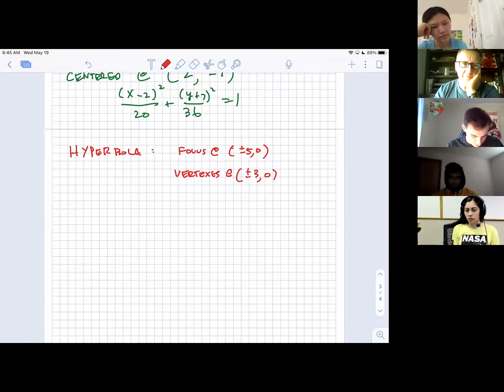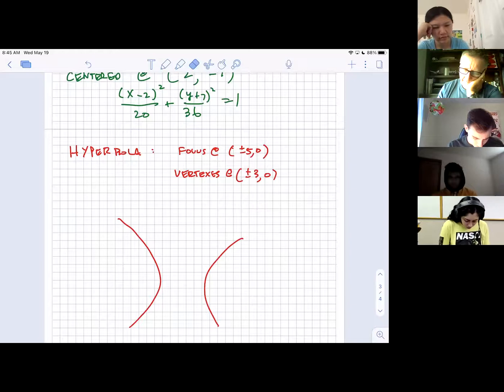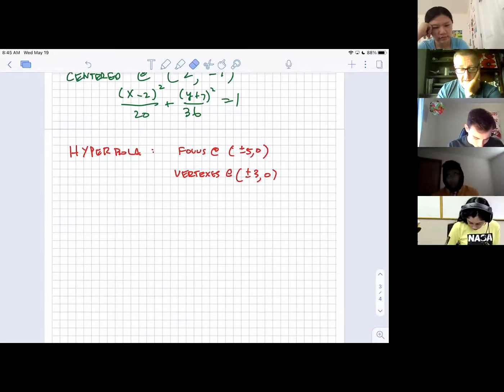Again, the question comes down to, is it a hyperbola that's long and skinny like this, or is it really long and wide like that? Are they close together, far apart? That's what the directrix and the focuses are telling us. And is it left, right, or is it up, down?